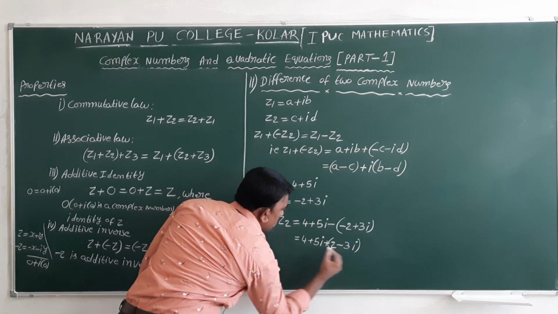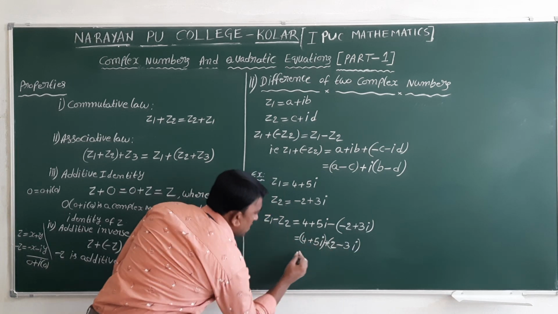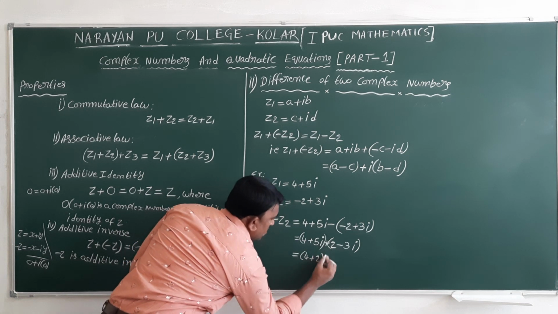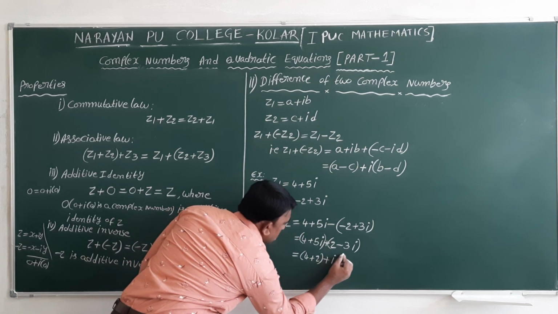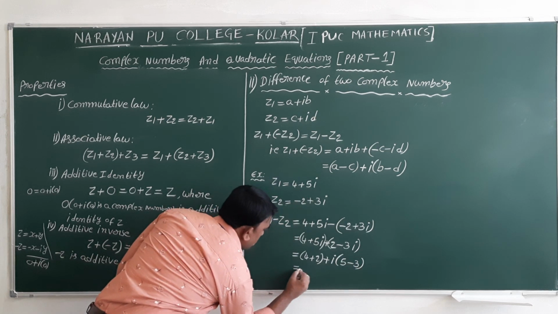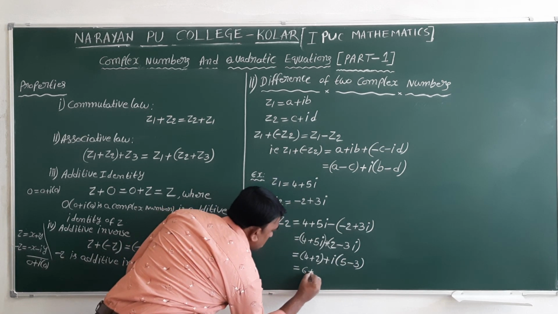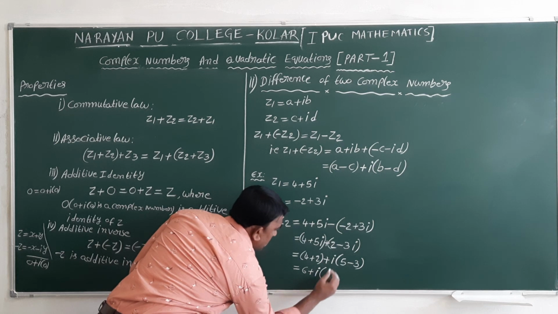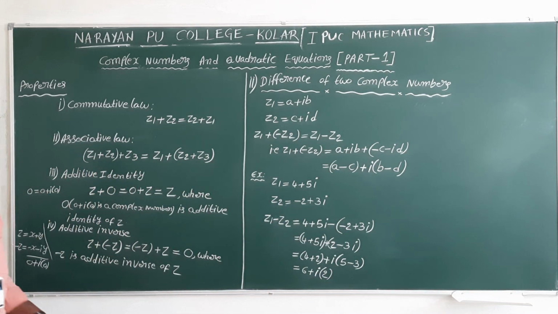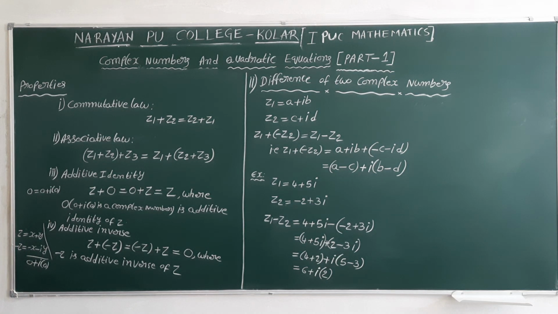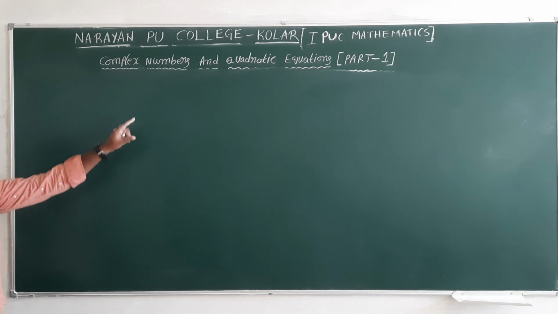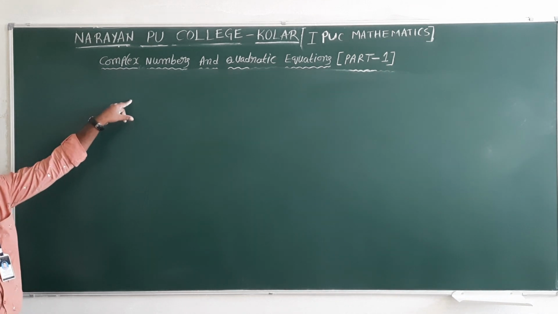So real parts 4 plus 2, plus imaginary parts 5 minus 3. 4 plus 2 is 6, and imaginary part i into 5 minus 3 is 2i. That is the difference of two complex numbers. In the difference of two complex numbers, there are no properties.